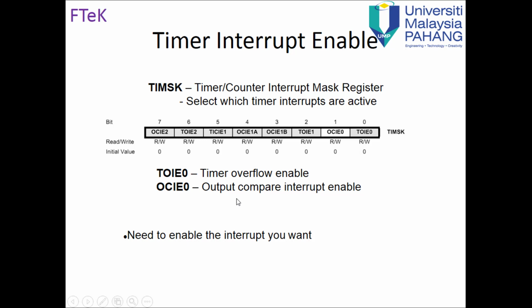Each timer has 2 types of interrupt, as we said: one for overflow and one for compare. Again, I'm not going to speak in detail here. When you go to the module about timers, I will give you full details. So we need to enable the global interrupt in the status register, and we need to enable these 2 interrupts.